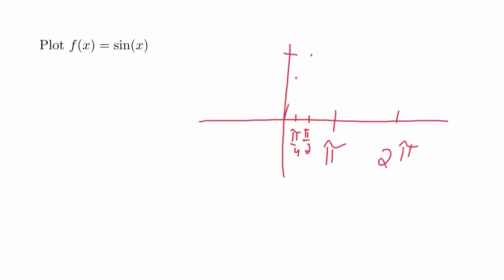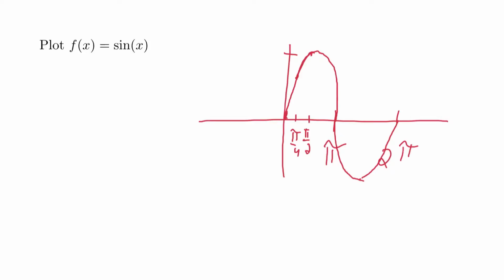And in fact, this is what sine looks like. It starts at 0, goes up through 1 over square root 2, hits 1 at pi over 2, and then comes back down. Goes this way, and then comes back up here.